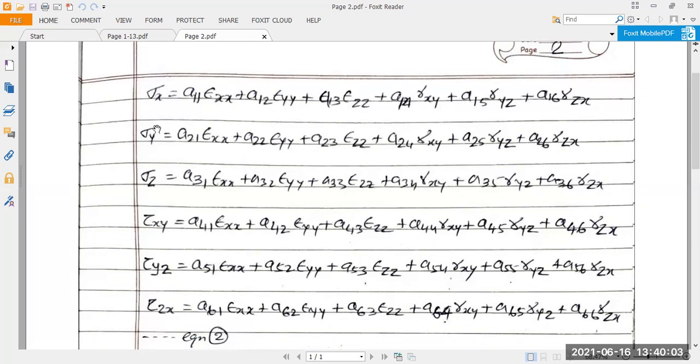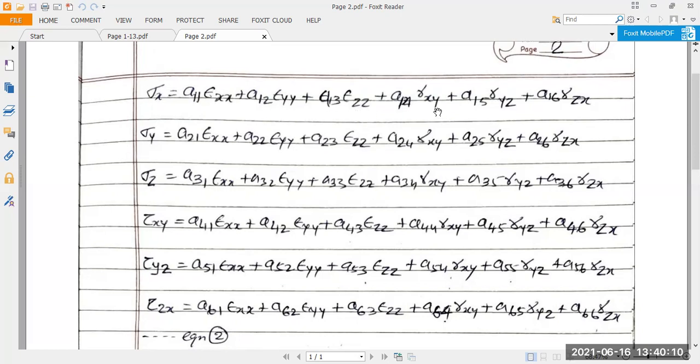All these 6 stresses are functions of strain along x direction, y direction, z direction, and shear strain in xy plane, yz plane, and zx plane, multiplied by so many constants, which are A11, A12, A13, etc. Same is the case for sigma y, sigma z, and tau. Only the constants are different in these equations.